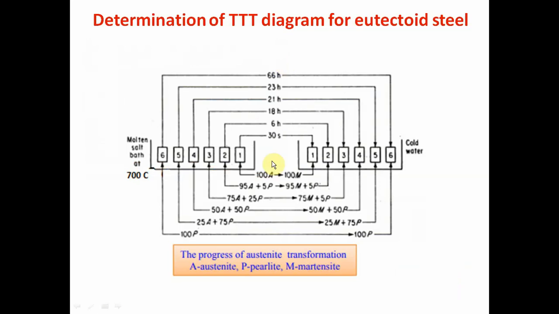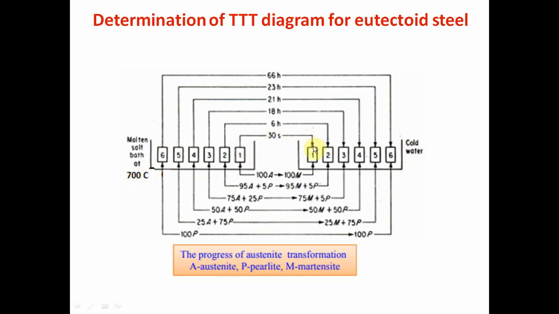So this figure indicates the transformation products of austenite into pearlite or martensite depending upon the time interval. The left hand side indicates the salt bath furnace which is maintained at 700 degrees Celsius, and the right hand side indicates the water quenching bath, which is maintained at room temperature, that is a cold water bath.